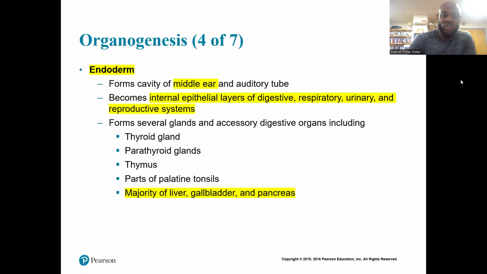And then endoderm, your inner layer, is going to give rise to your middle ears, auditory tubes, epithelial layer of your digestive, respiratory, urinary, and reproductive systems. A lot of your glands form from your endoderm, right? So we have these 3 layers which are going to divide into all these different organ systems.